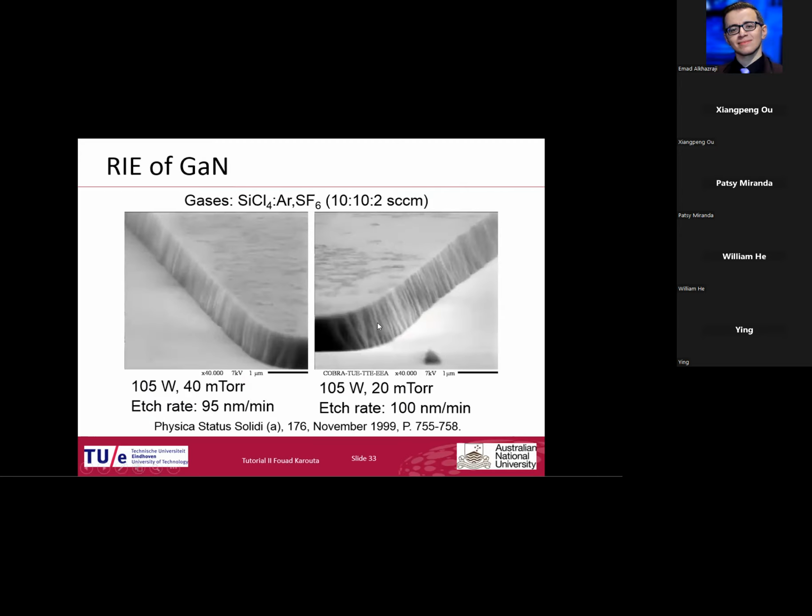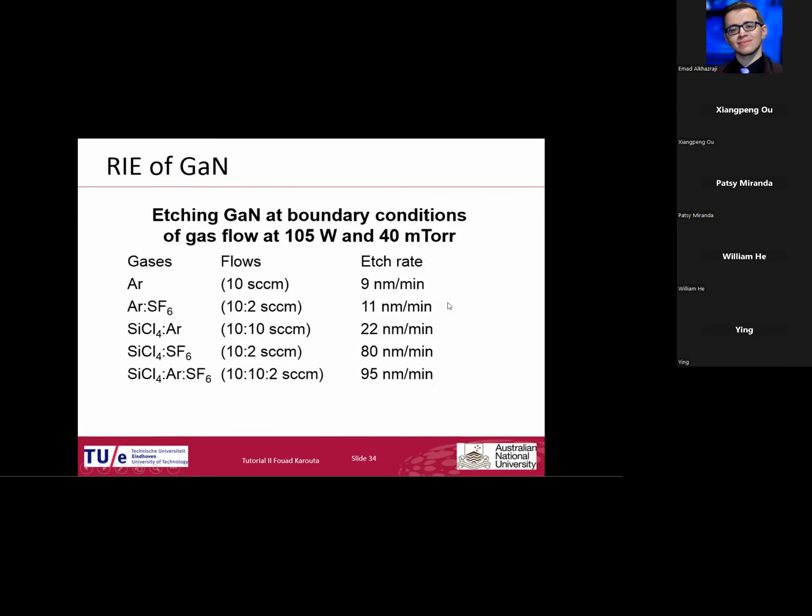So I was interested to know why that was happening. This is the etched surface at 20 millitorr, at 40 millitorr. You see it is quite smooth, but not very vertical, slightly slanted. But you know, gallium nitride is not an easy material to etch, so this etch rate in this type of reactor was relatively high. So I looked at the boundary conditions: silicon tetrachloride and argon, as I started, but also argon and SF6.